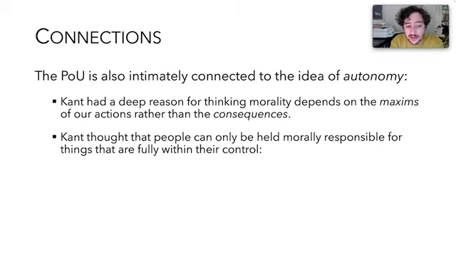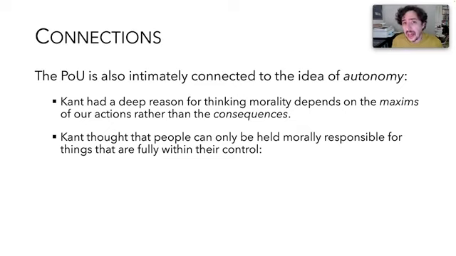And that's because Kant thought that people can only be held morally responsible for things that are fully within their control. If someone has an epileptic seizure and during the epileptic seizure their fist hits someone in the face, well, that was something completely out of their control. It would be wrong of us to blame them for that.